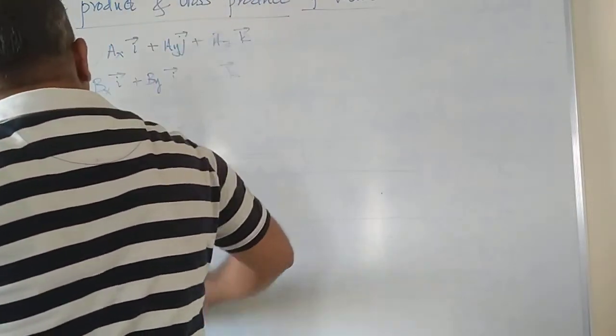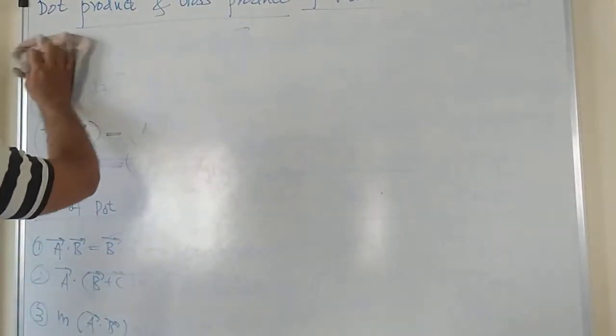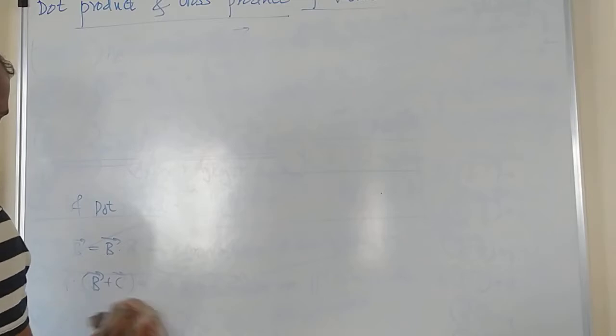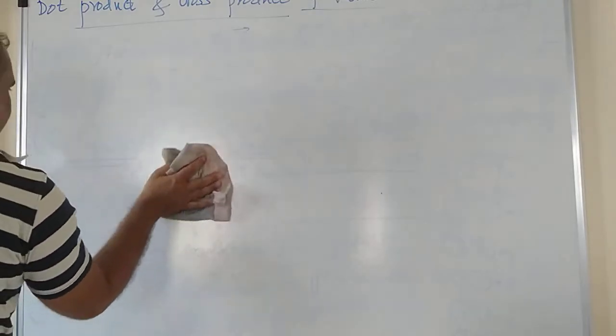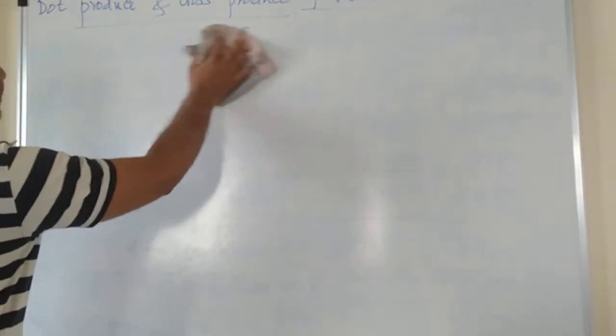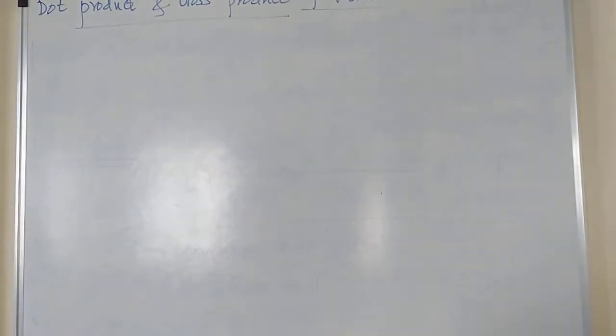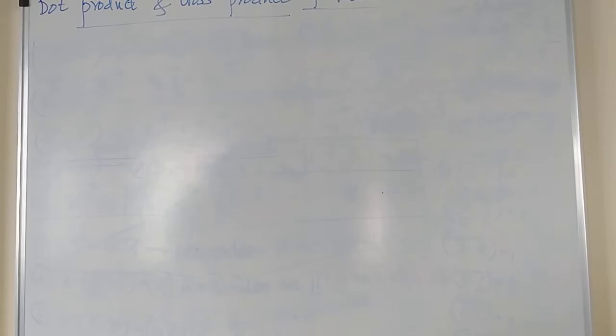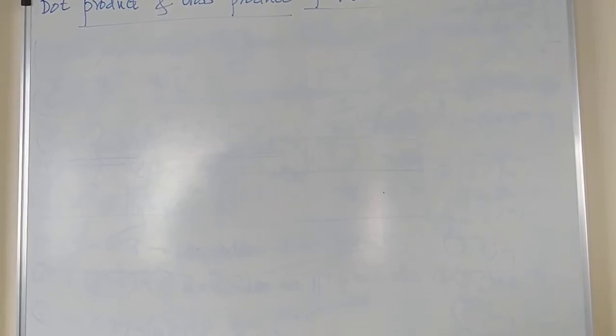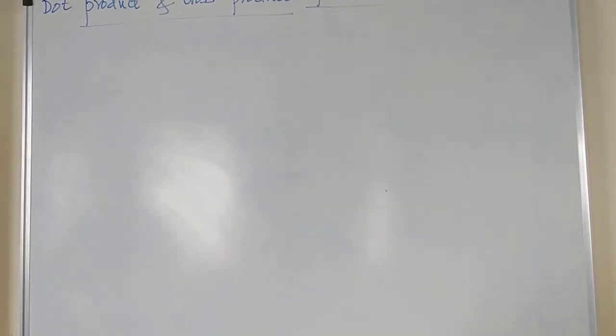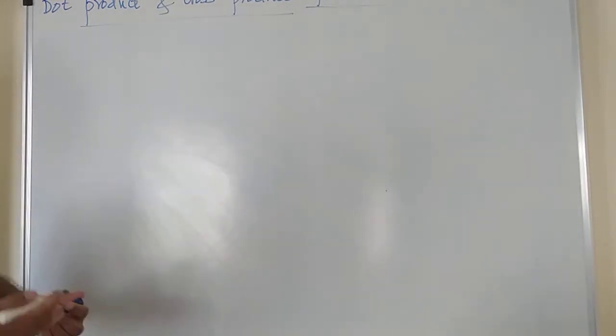Now let us study the projection of one vector over another, and how to study the projection of one vector on the other vector. Let us try to understand. Next is the projection of a vector over another vector.